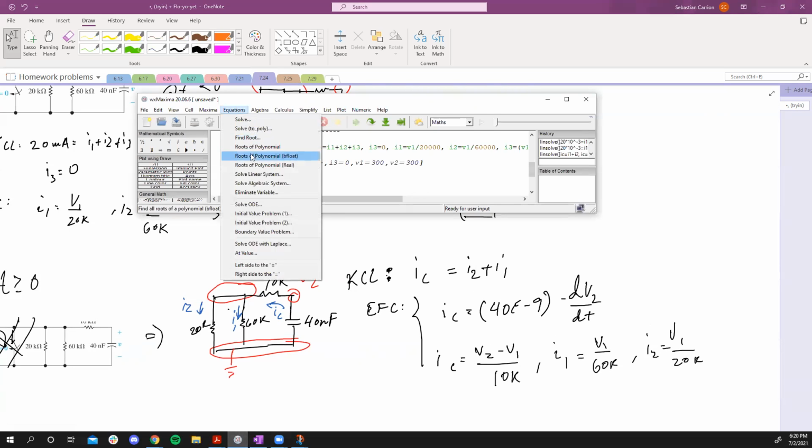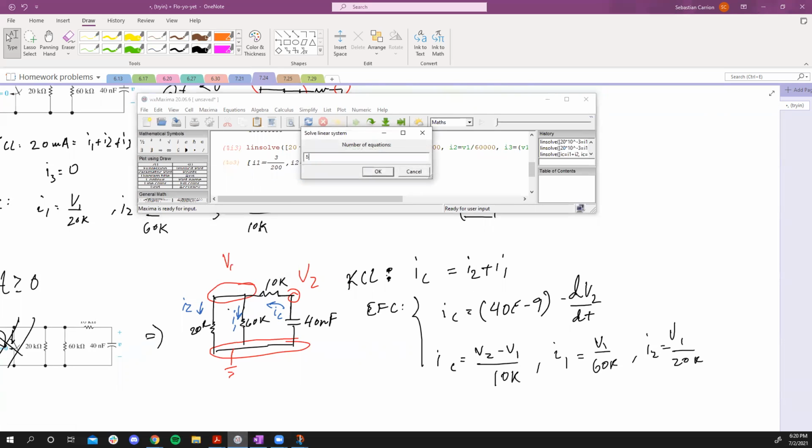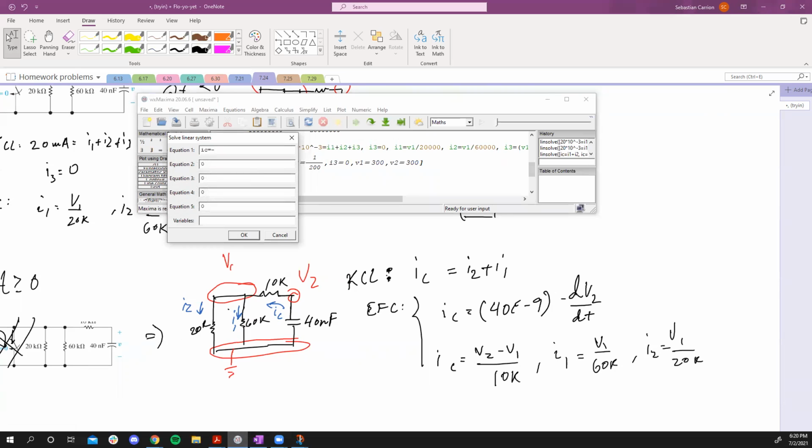So we do this again. IC equals I1 plus I2. IC equals 40 times 10 to the negative 9 times negative S equals V2 minus V1 over 10,000.